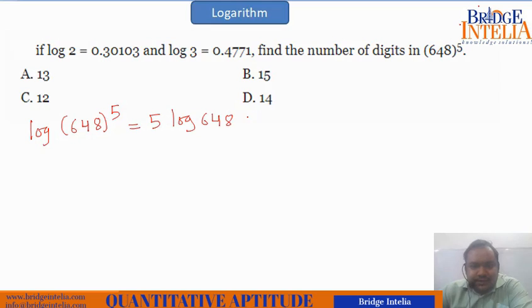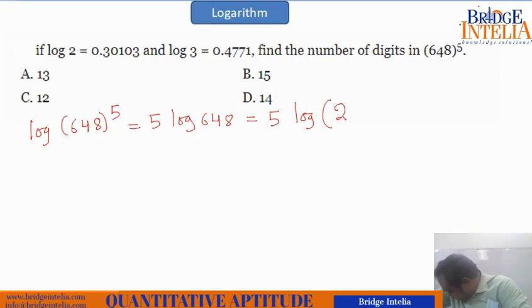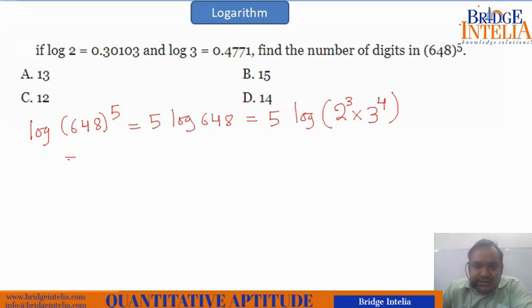Now 648, if you prime factorize it, is actually 2 to the power 3 into 3 to the power 4. So this can further be written as 5 times, now log of a into b can be written as log a plus log b, and the exponent can be taken out.